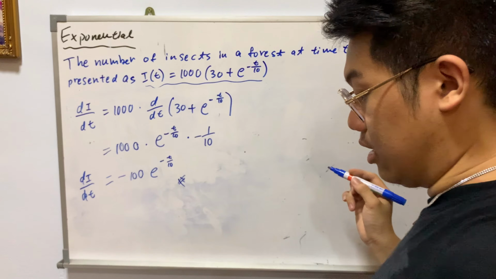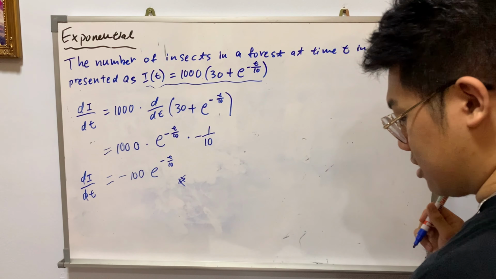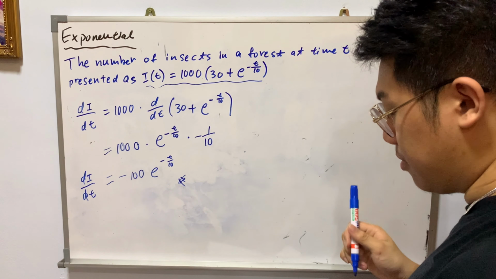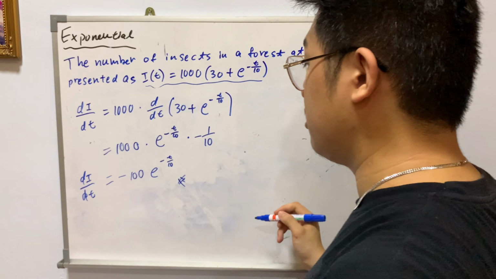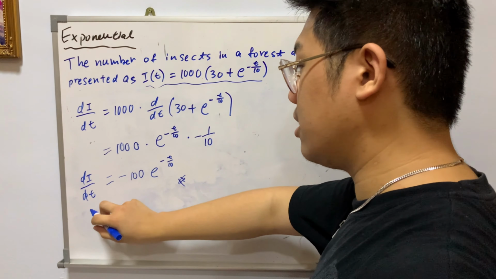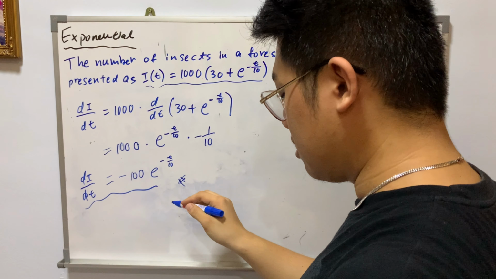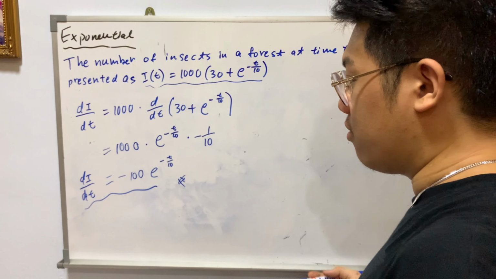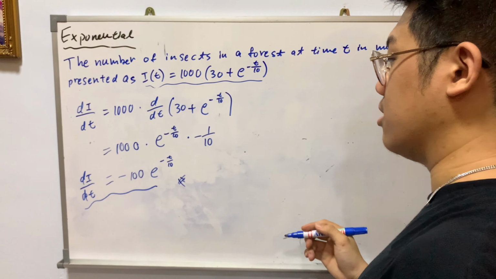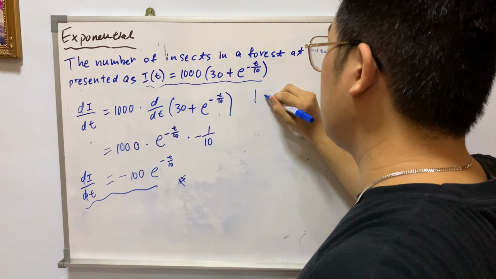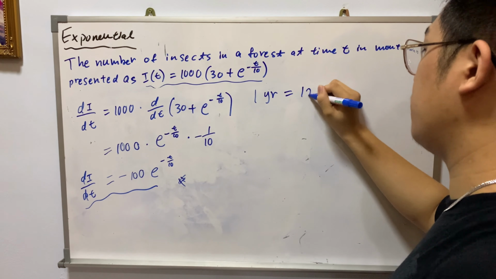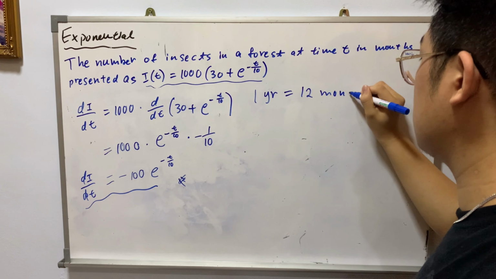For the third question, which asks, how fast did the number of insects grow after 1 year? Just now we calculated the derivative of the original equation. We should use this to determine how fast it grew within 1 year. So we know that 1 year equals 12 months.